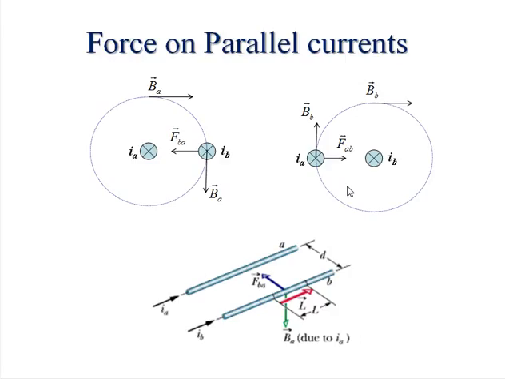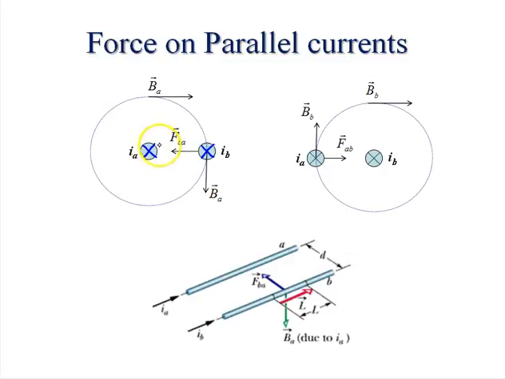Another way to look at this, easier on a plain sheet of paper here, we have IA and IB. We demonstrate the X. The X means that they're flowing into the page, like the tail of the arrow. So we have two parallel currents, IA and IB, flowing into the page. IA again is producing a magnetic field.